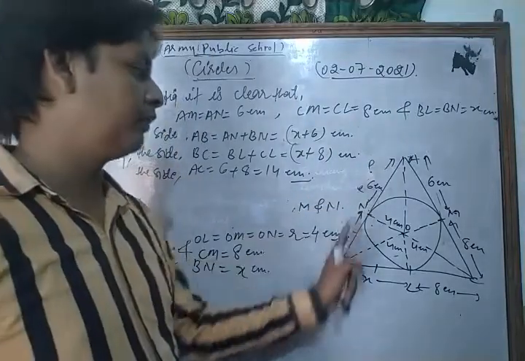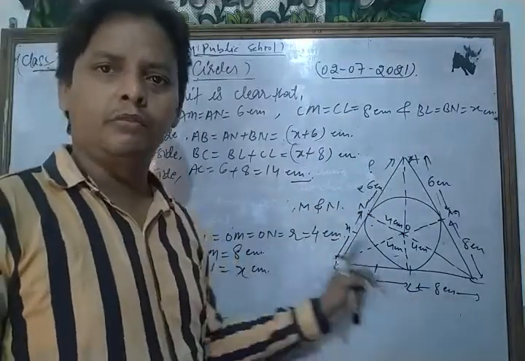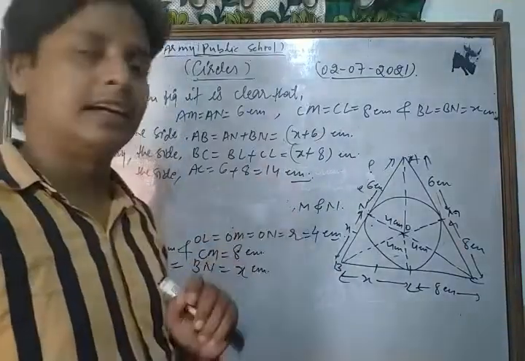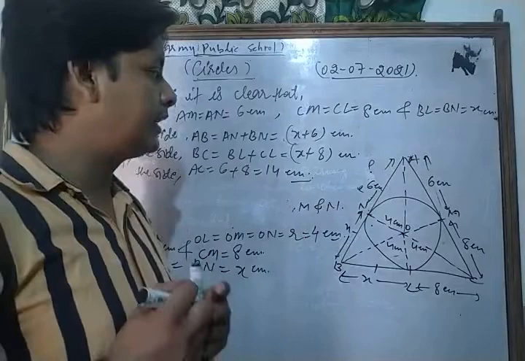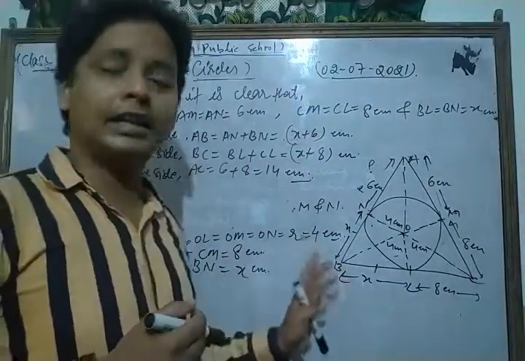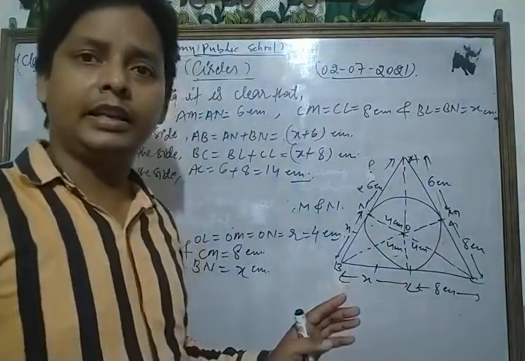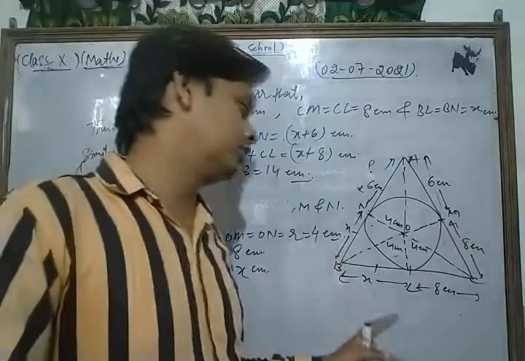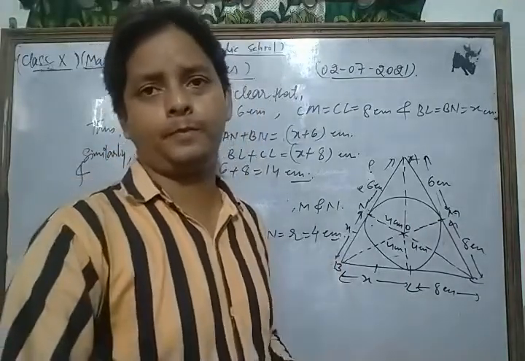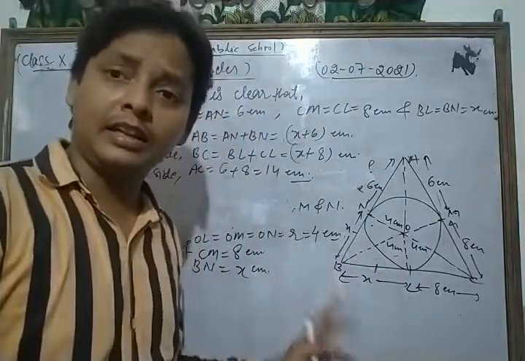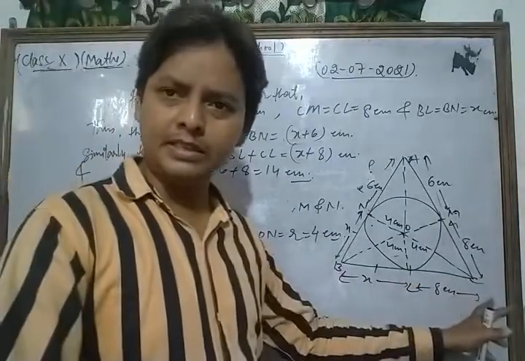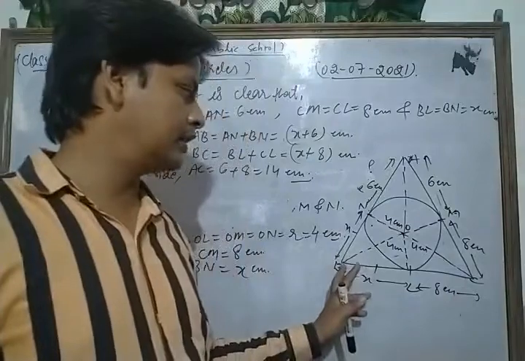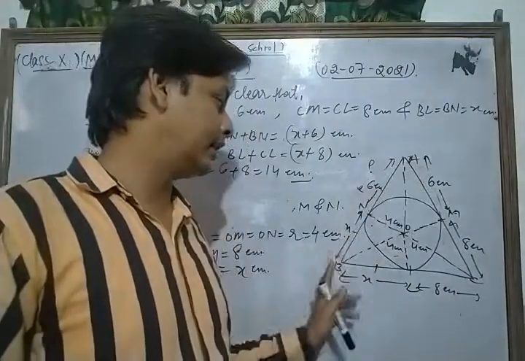Now with the help of triangle ABC we find all of its sides. In this question we find the lengths of the other two sides, BC as well as AB.